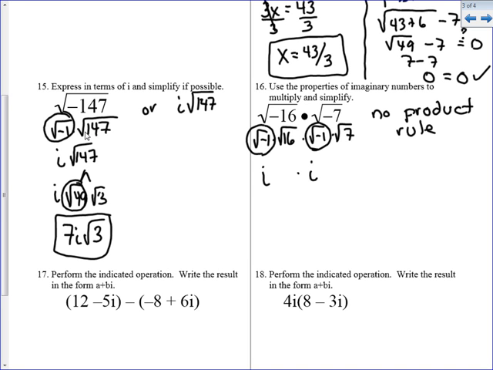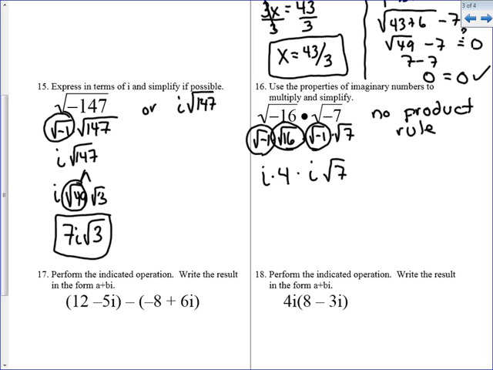Now, on Monday, we then took the real roots and we multiplied them together. And that's a fine way to go. The only thing is, in this problem, it's going to create a little bit of extra work for you because it's the square root of 16, 4. So I don't need to worry about multiplying my radicals together. And then I still have the square root of 7 on the end.